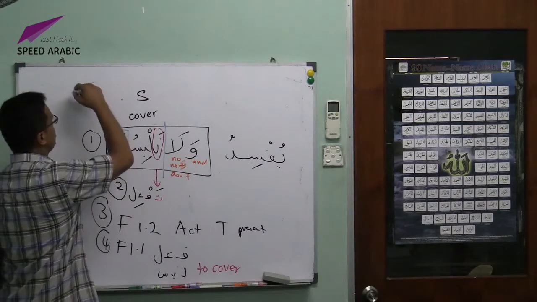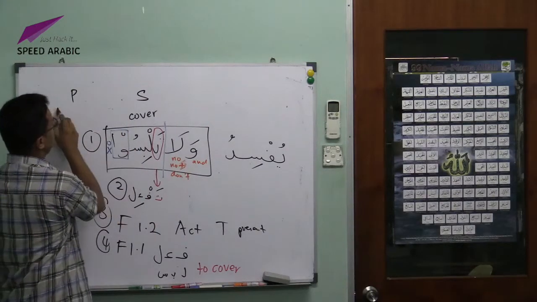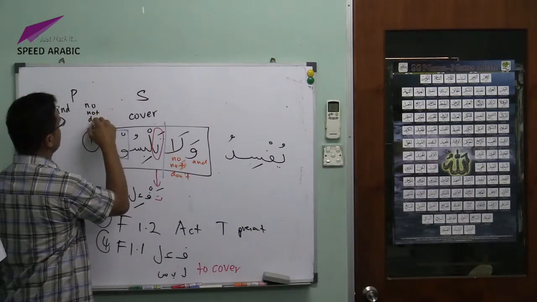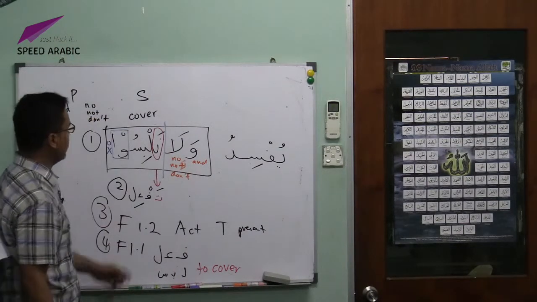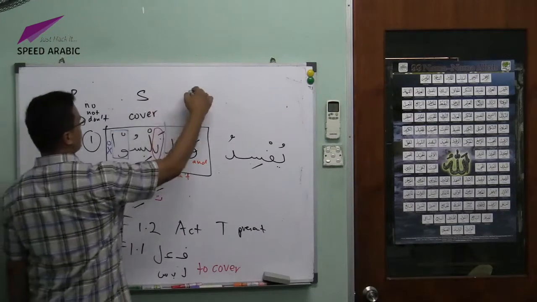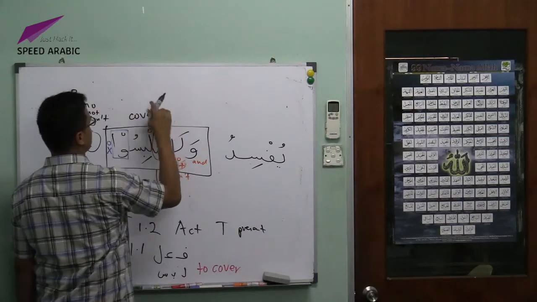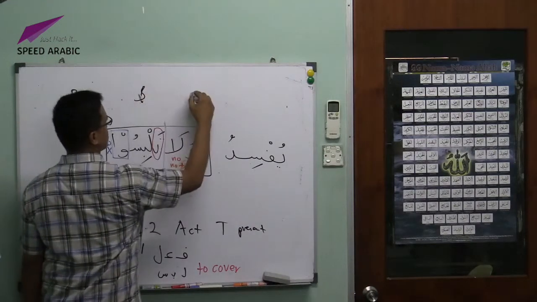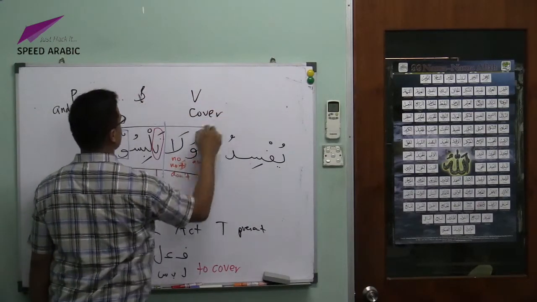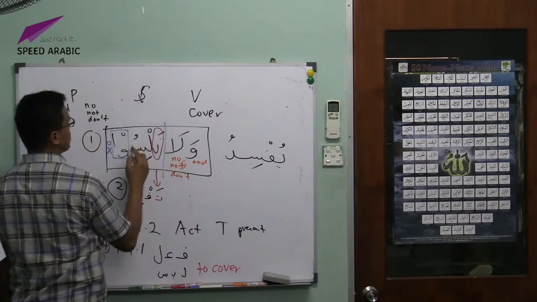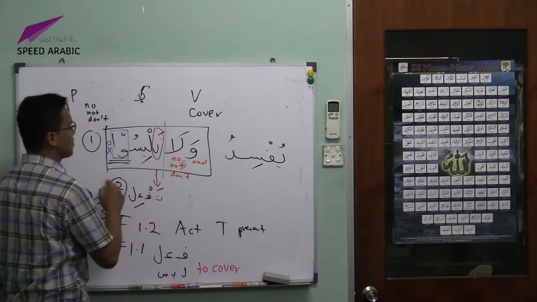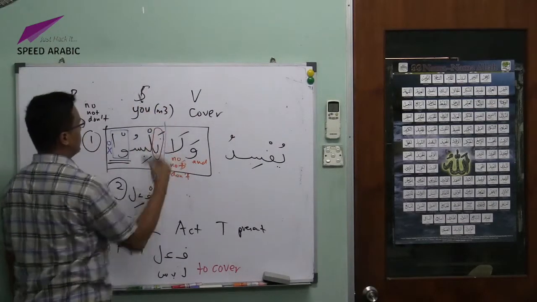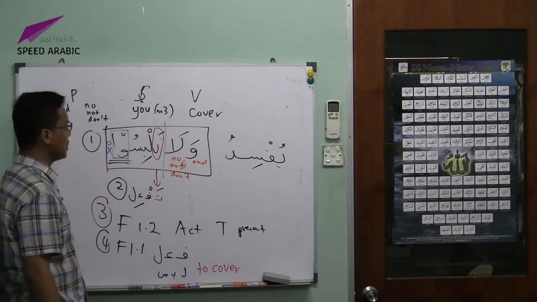The particle means and, no, not, don't, and then this is the subject, and this is the verb. The verb is cover because it's present. The subject is you all, M3.